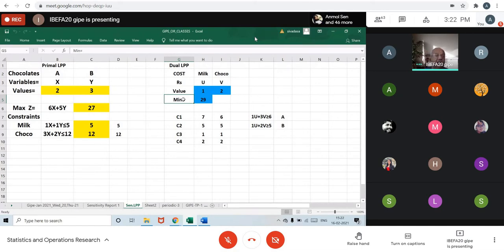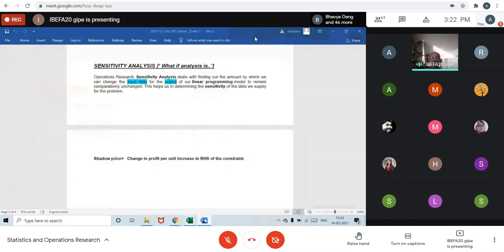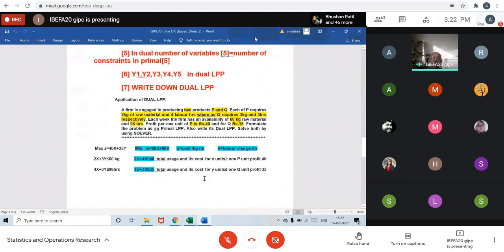Next, number of variables in dual is number of constraints in primal. 3. If the primal is less than or equal to type, dual will be greater than or equal to type. These are the rules, and that also I have shown in your sheet 2.